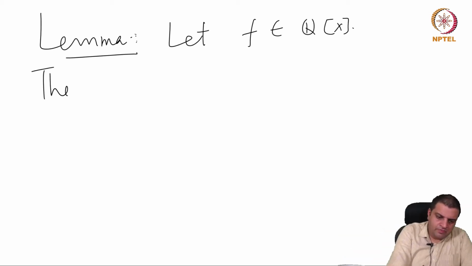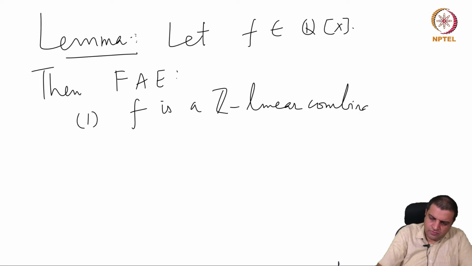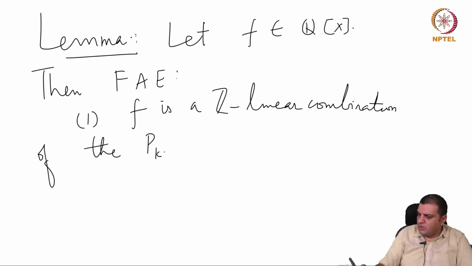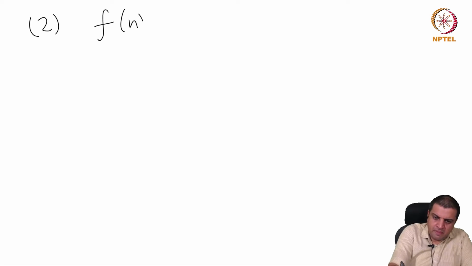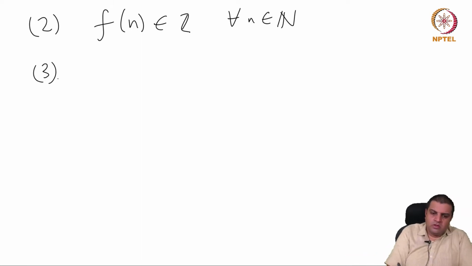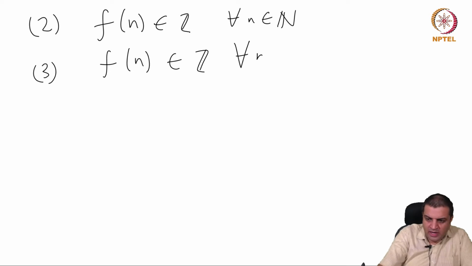Then the following are equivalent. 1, f is a Z-linear combination of the polynomials P_k. 2, f of n is an integer for all n in Z. 3, f of n is an integer for all n sufficiently large.